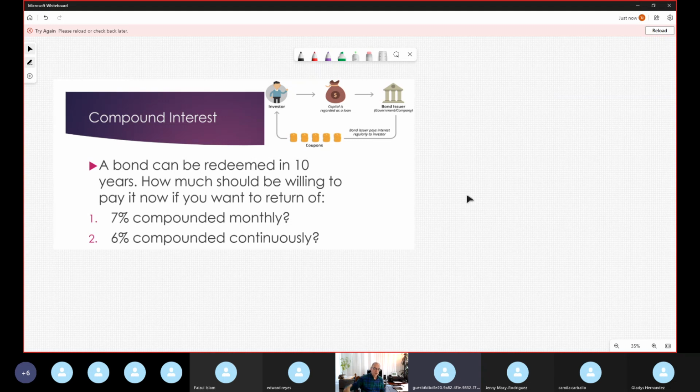And after a determined number of years, you receive your money plus interest. It's another kind of investment. So the bond can be redeemed. This is the terminology used in this. Redeemed means it finishes in 10 years. How much should you be willing to pay for it now?